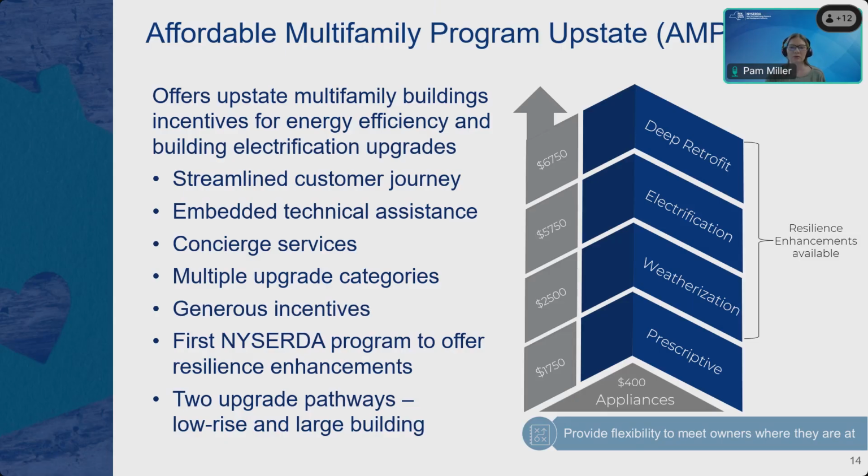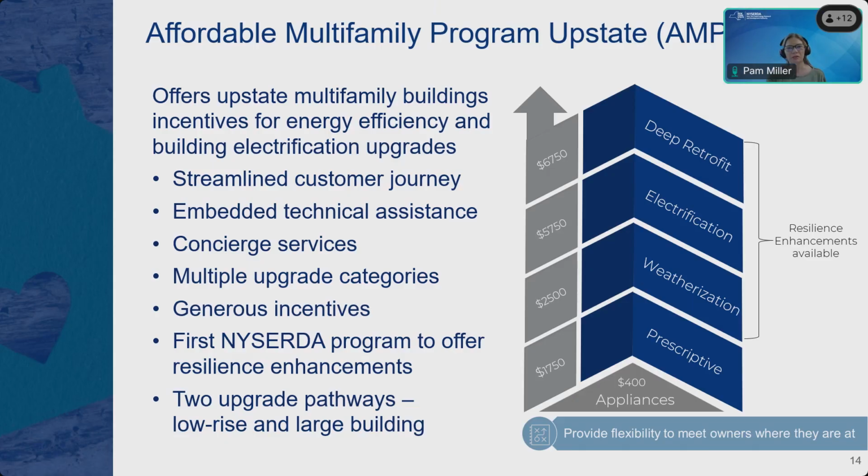Multiple upgrade categories with generous incentives per dwelling unit, as seen in the graphic on the right, offer flexibility to meet project owners and participants where they're at. We're also excited to share that AMP Up is the first NYSERDA program to offer resilience enhancement incentives.